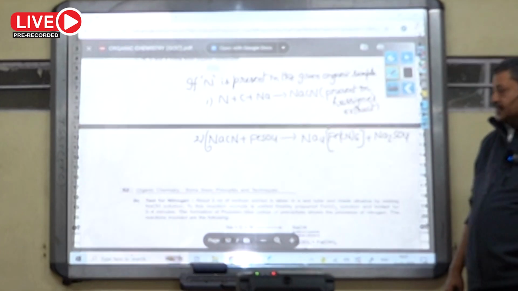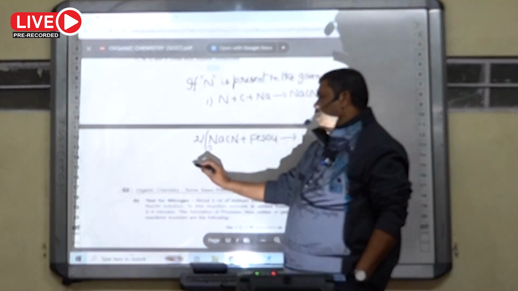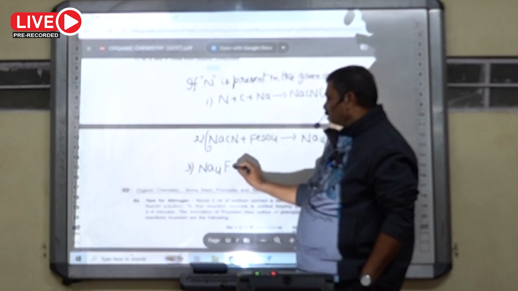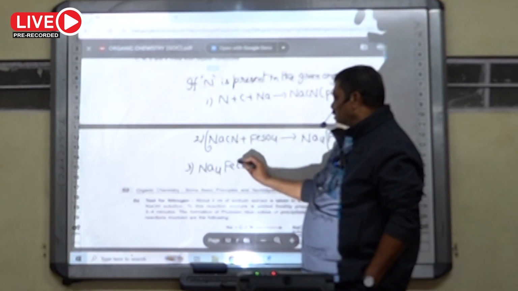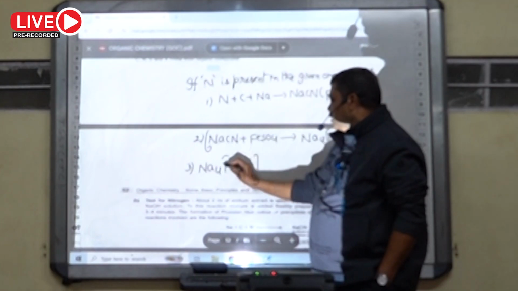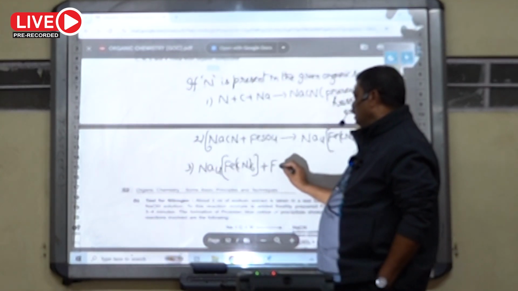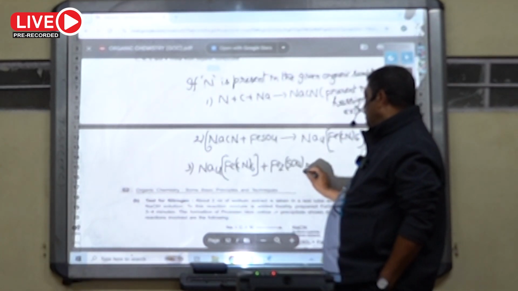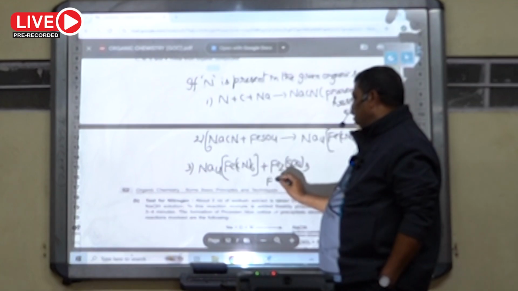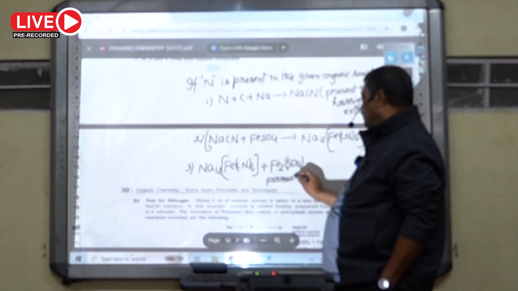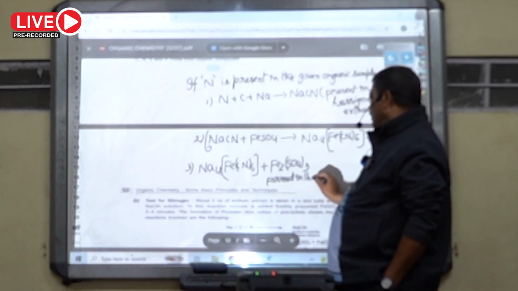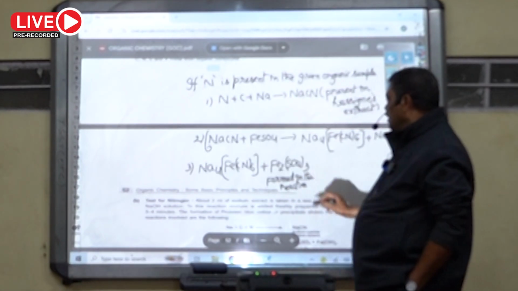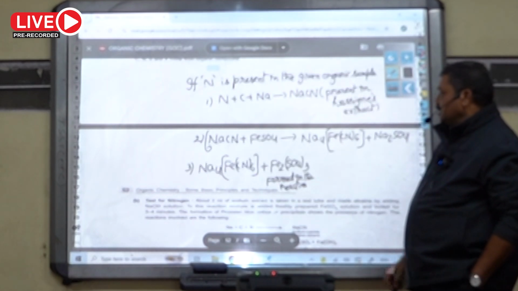In the last step, the sodium ferrocyanide reacts with ferric sulfate. We don't add this, it is already formed in the reaction.